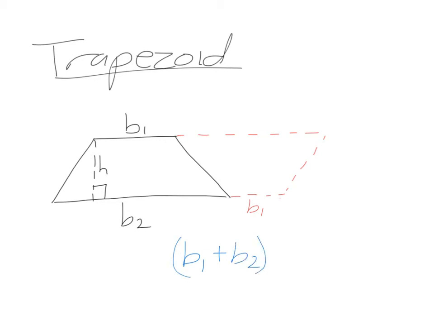And we know that the area of the parallelogram is the base, B1 plus B2, times the height, which is H. And because the trapezoid is half of that parallelogram, I divide it by 2. And so the area of a trapezoid is B1 plus B2 times H divided by 2.